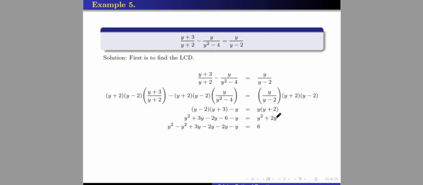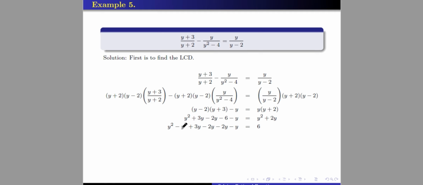So I will put everything on the left, all of those terms with variable y. So this y squared will become negative y squared. And then this positive 2y will become negative 2y. So this 3y is copied, negative 2y is copied, and negative y is just copied. Then I will transpose negative 6 on the other side, so it will become positive 6.